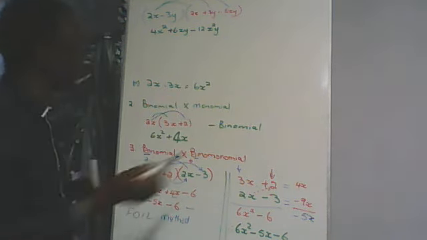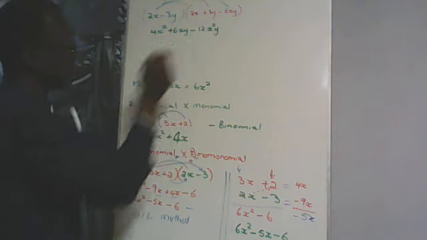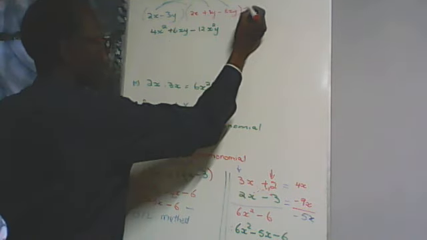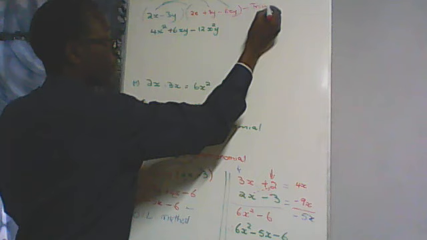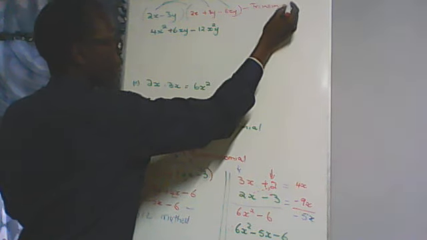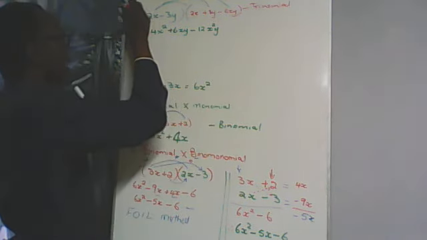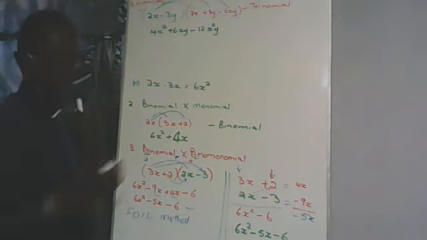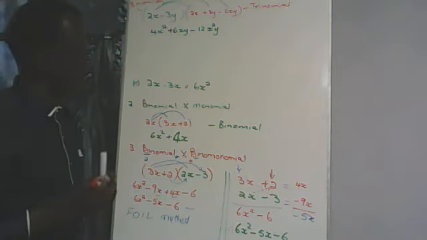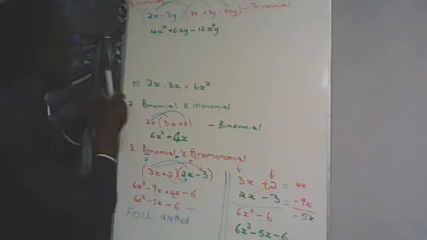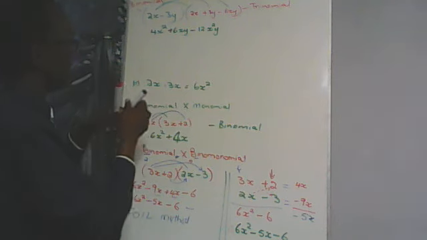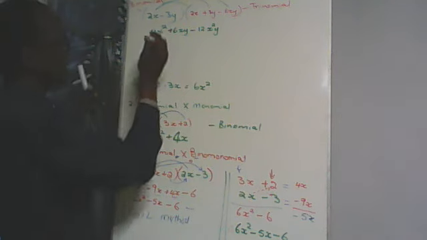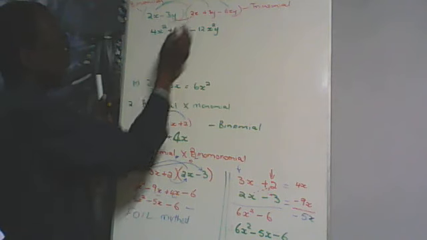So, because here we are multiplying a trinomial by a binomial, the next step is to multiply this by that.